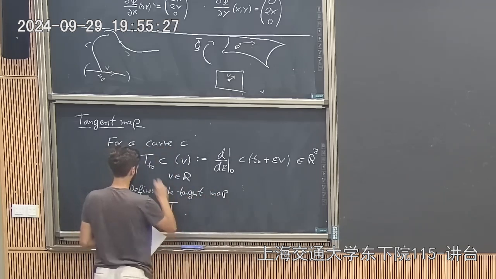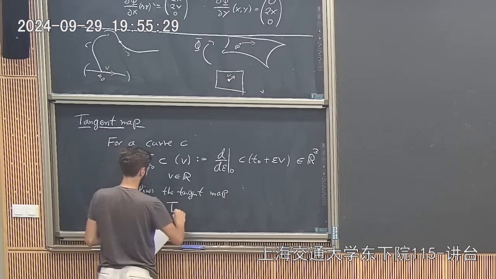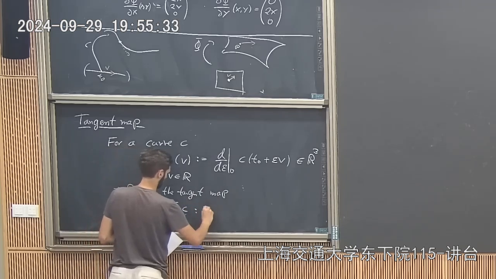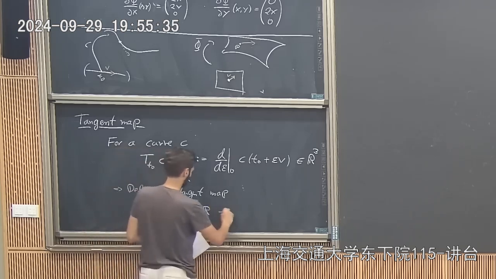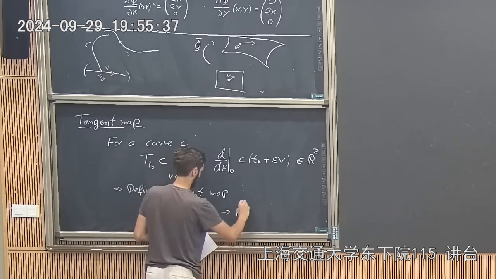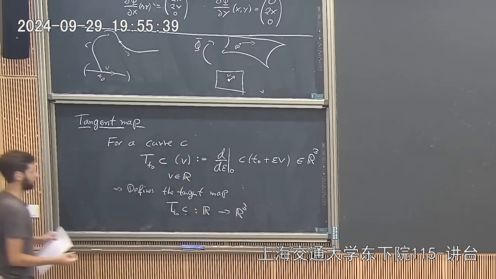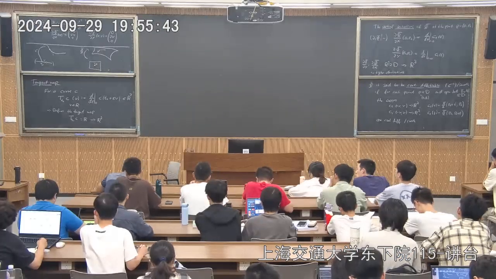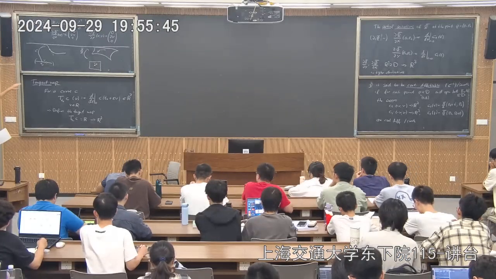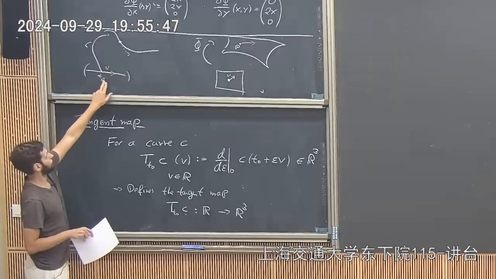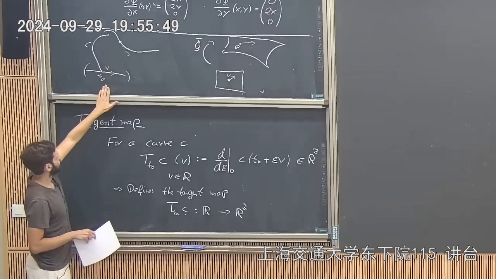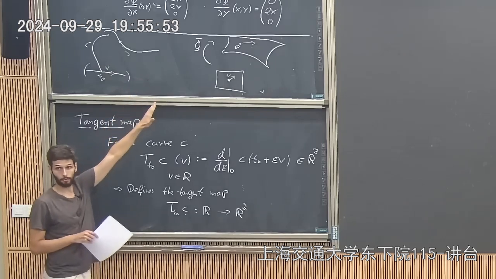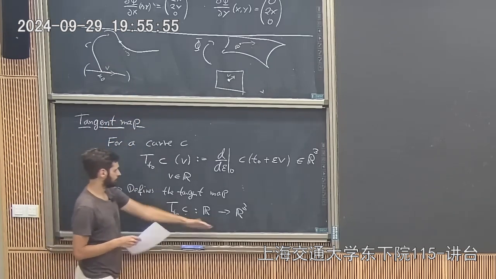It is just this map C, which takes a real number and spits out a real number. So it's really, as this picture says, how a vector in the domain is transformed, mapped towards a vector in the codomain. So that's what the tangent map is.